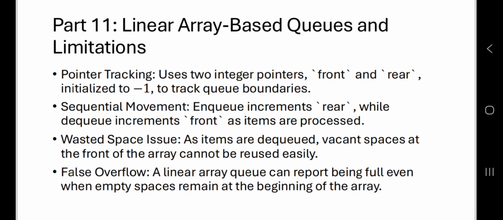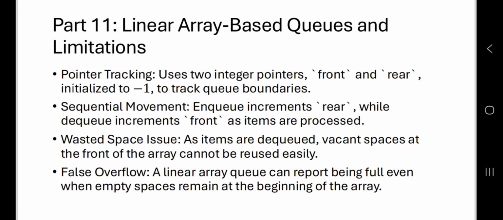To fix the wasted space problem of linear queues, we introduce circular queues in part 12. The circular queue uses a ring buffer concept that connects the end of the array back to the beginning to form a continuous circular loop.